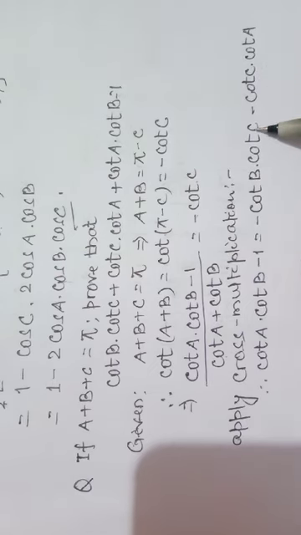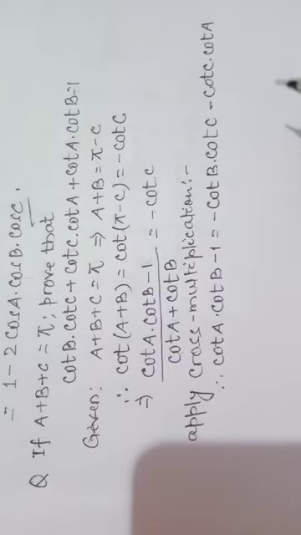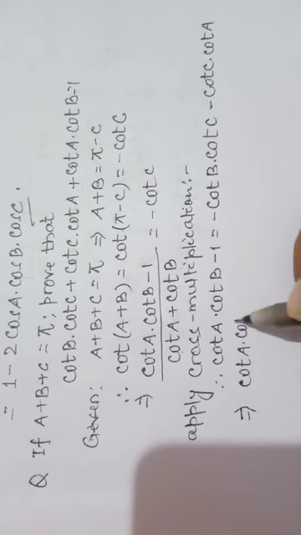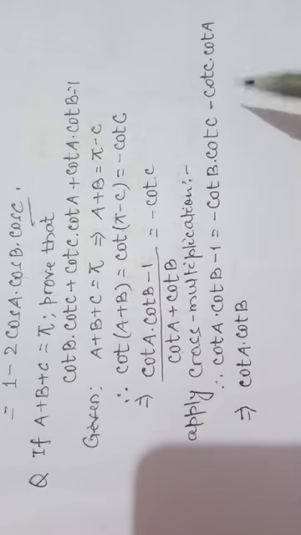Now take these two terms to the left side and minus 1 to the right side. So in the left side we have cot a into cot b. These two terms, minus and minus, taken to the left side become positive.